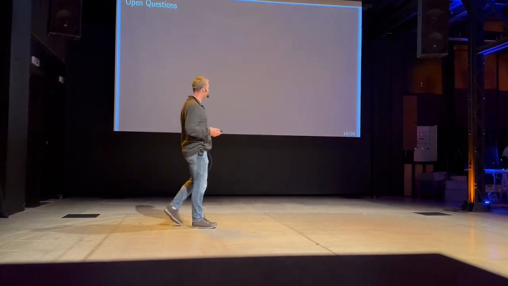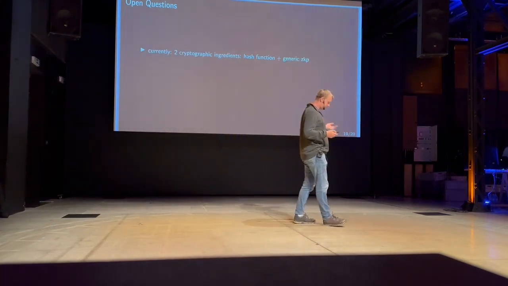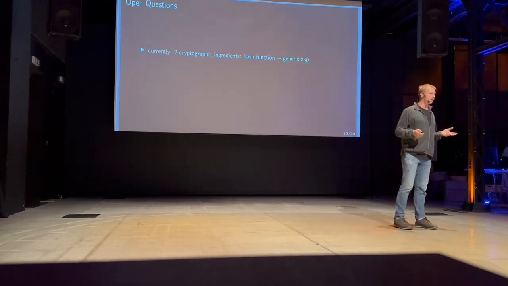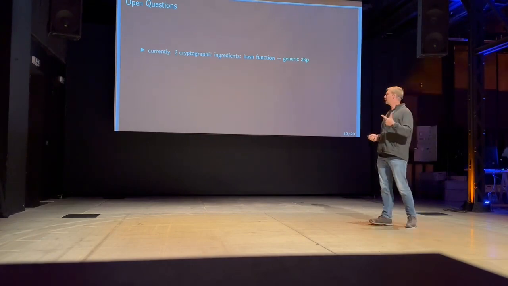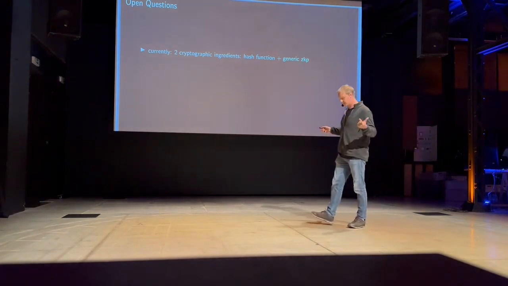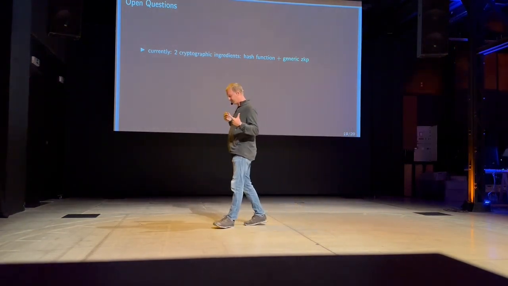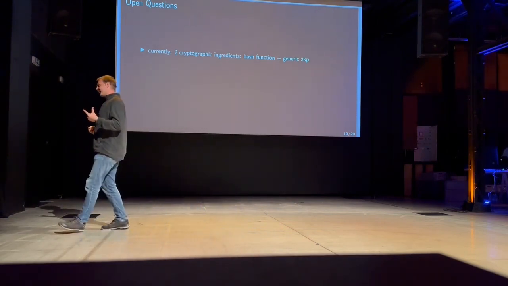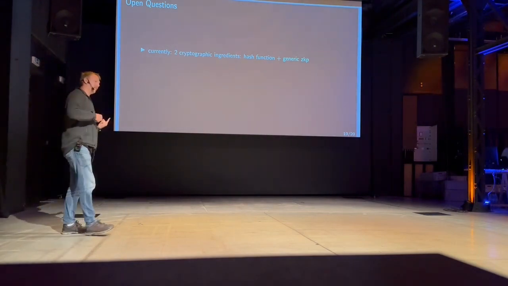So, open questions. This is almost the last slide, I promise. The current construction uses two cryptographic ingredients. One is a hash function, and the other one is a generic zero-knowledge proof. And in fact, in the software we use Triton VM, and by the way, the only cryptographic ingredient on which Triton VM is based is the same hash function.